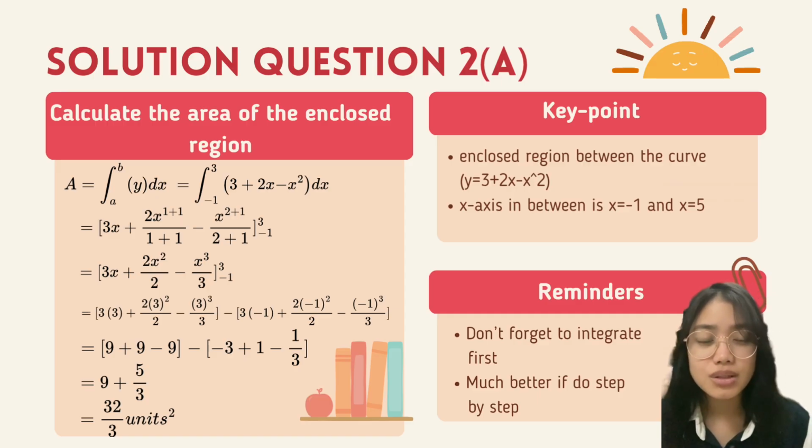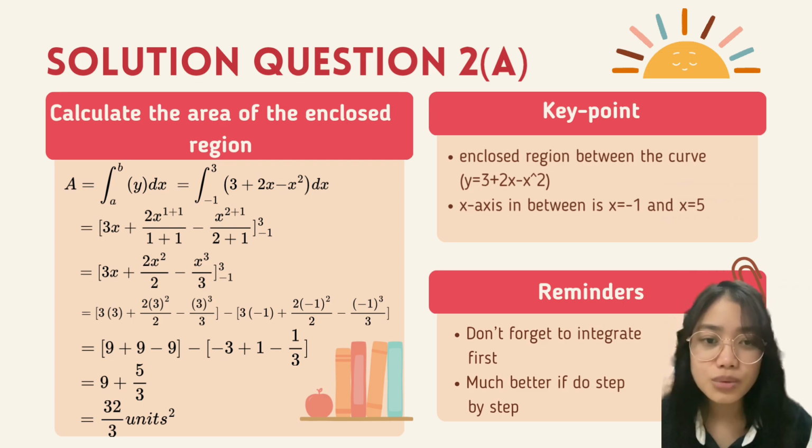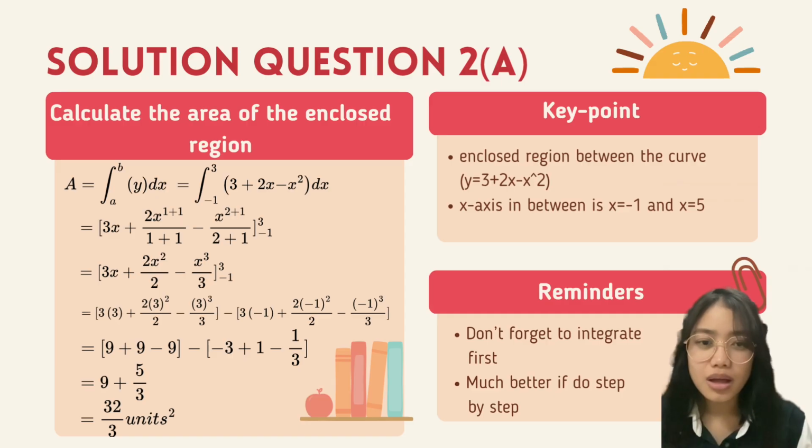After that, we replace all the x with 3 and negative 1, just like in the calculation I did just before. In the first bracket we get 9 plus 9 minus 9, and in the second bracket we get negative 3 plus 1 minus 1 over 3, and after the calculation we get 32 over 3 units squared.